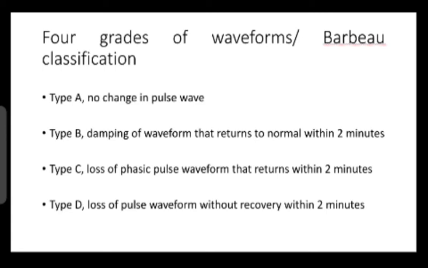So there are four grades of waveform, the Barbeau classification. Type A, no change in pulse wave. Type B, damping of waveform that returns to normal within 2 minutes. Type C is loss of phasic pulse waveform that returns within 2 minutes. And type D is loss of pulse waveform without recovery within 2 minutes.